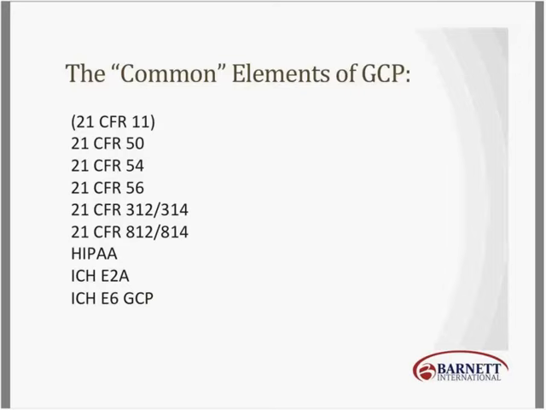So 21 CFR Part 50, information about the protection of human research subjects through the document and process of consent. We also have received new information. The newest information that we've received from the FDA in terms of guidance has been focused on informed consent and electronic informed consent. So that is something to think about as well.